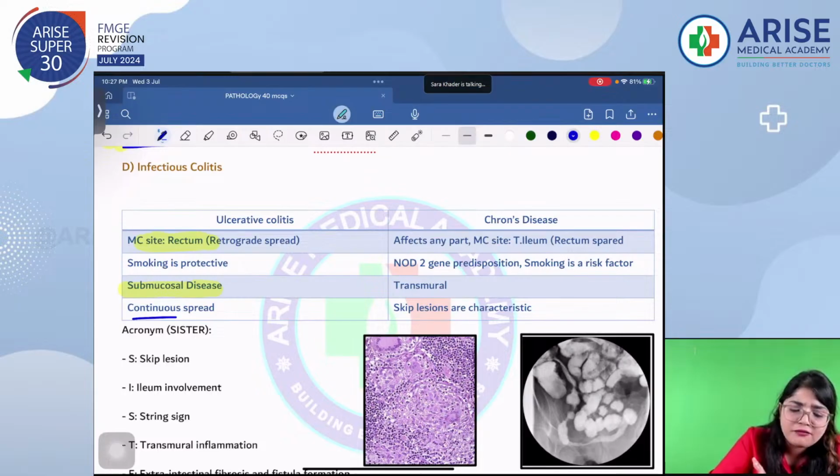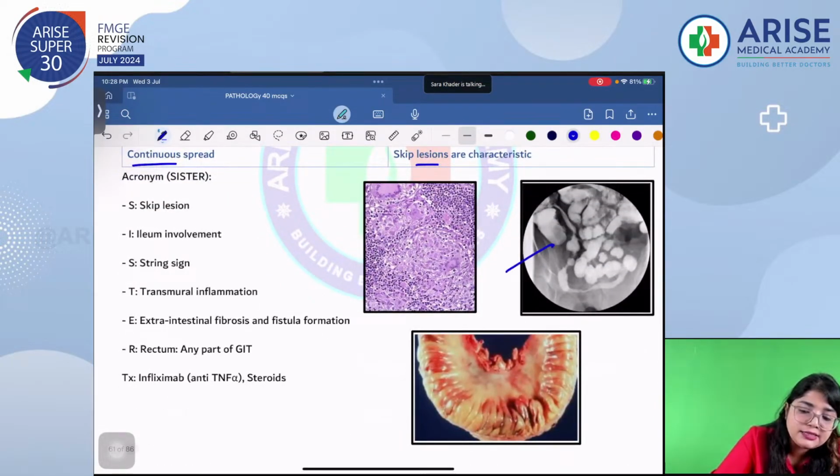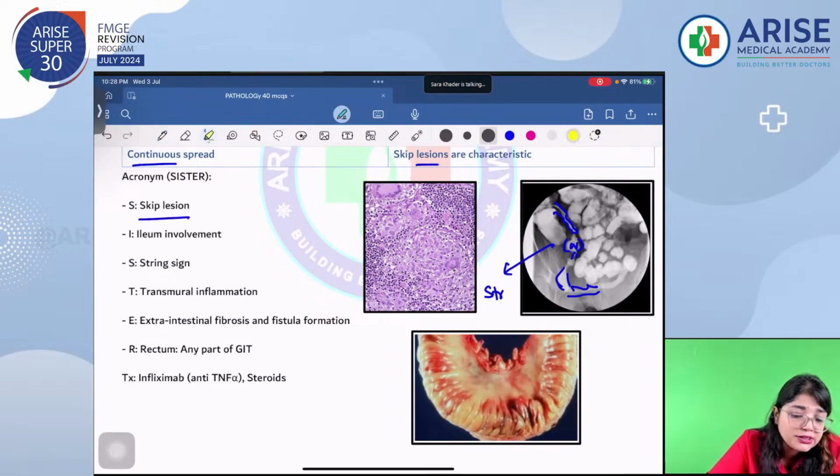While Crohn's disease can affect any part, most commonly it affects the terminal ileum. It has a NOD2 gene predisposition and it is transmural. Skip lesions are characteristic. You can see this is the string sign of Kantor, where you see the stricture and fibrosis, then the normal bowel loop, then again a stricture because of fibrosis. So you can see skip lesions in Crohn's disease.